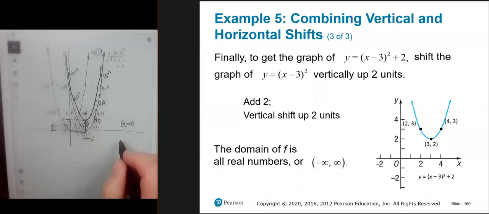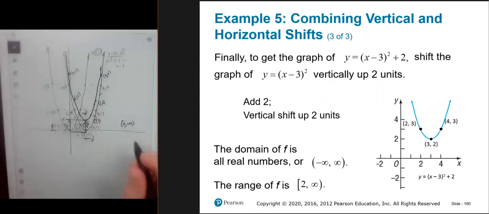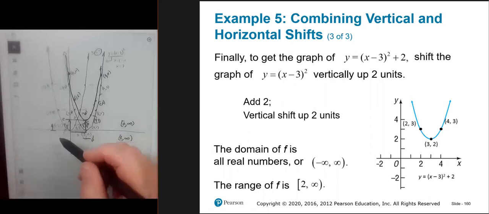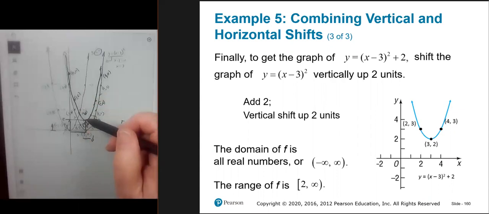So the new range is from 2 to infinity, because we changed the range of the parent function from 0 to infinity to 2 to infinity, because we changed the smallest y value we can get by adding 2 to it.